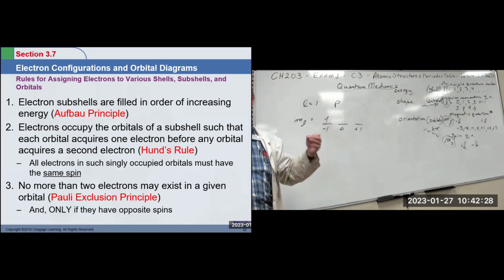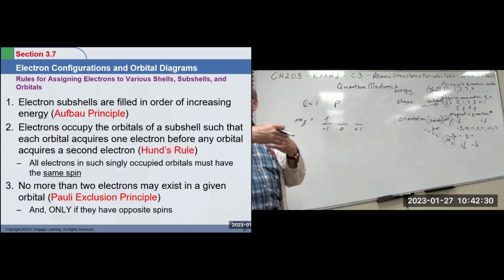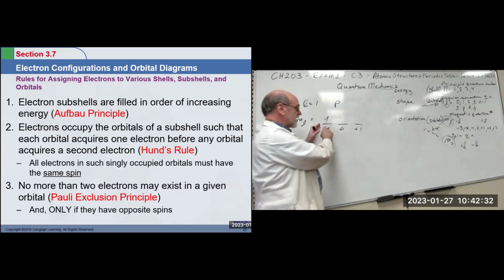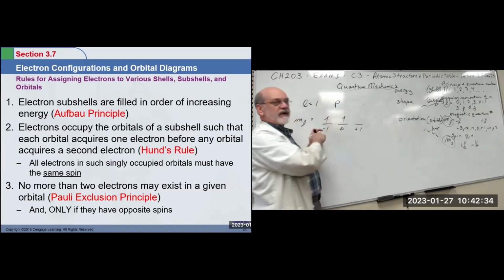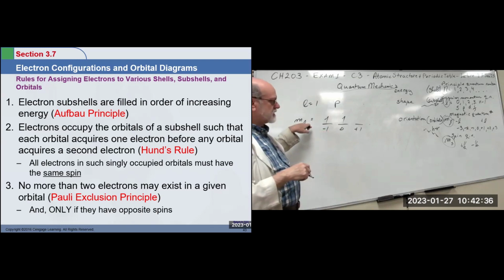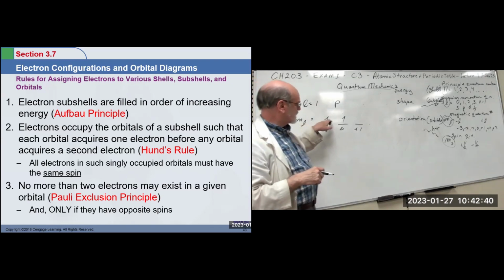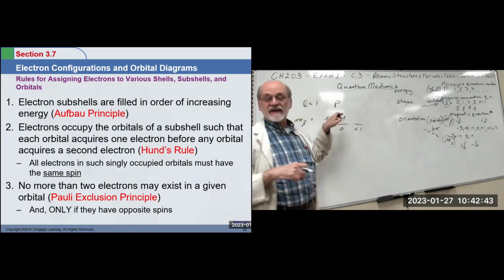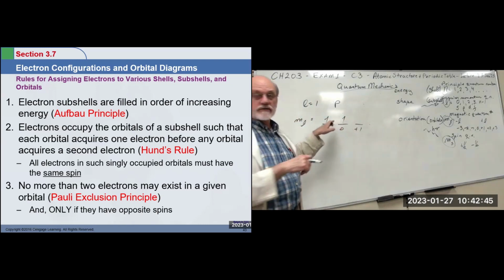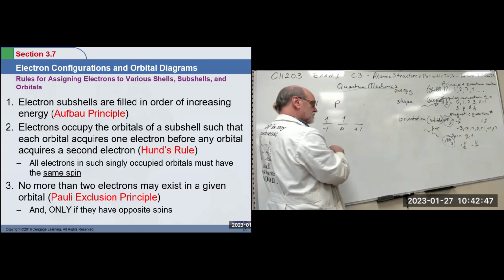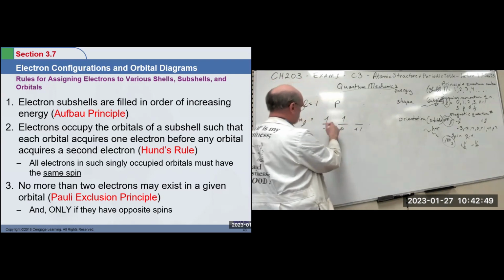If it needs another one, so you go to the next element, adding a proton and an electron, the next one has to go over here. You can't pair them up until this orbital has at least one up-spin in each of its orbitals, excuse me.